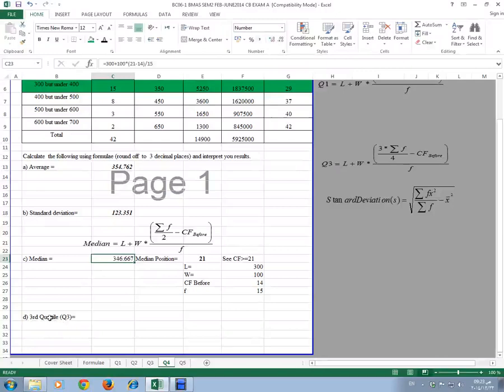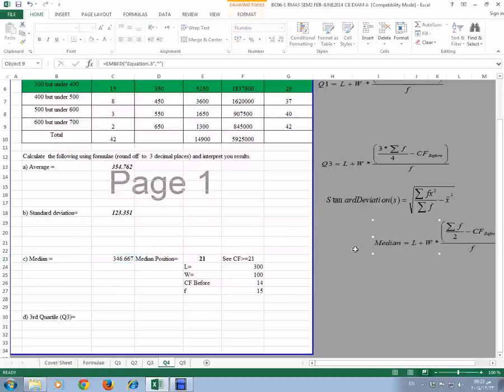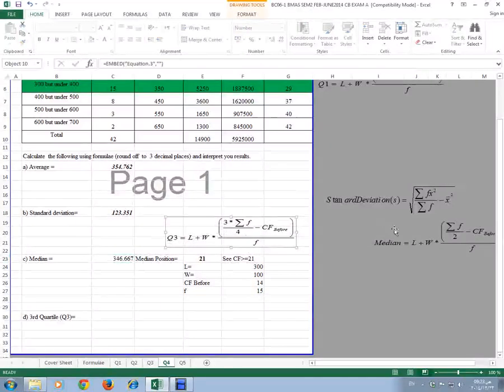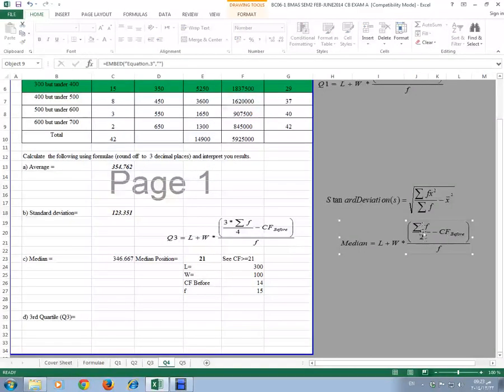Next is to calculate the third quartile. So calculating the third quartile, we do the same. There is no difference between the median, the third quartile and the first quartile, except in the position. For the first quartile we divide by 4, for the median we divide by 2, for the third quartile we multiply by 3 and divide by 4, so this one is 3/4.